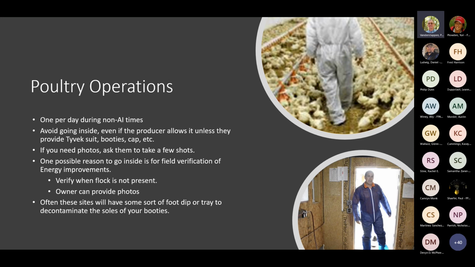And if the birds are there, they get these things done, you need verification. Ask the landowner, take pictures of whatever products you need or activities that were done to verify that they were properly installed. And the other interesting thing about bird operations, they do a lot of times have all this stuff, plus they have some sort of foot dip when you go in and out of them. So keep that in mind.